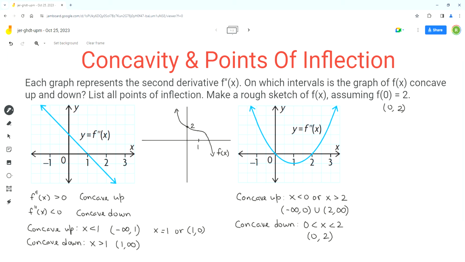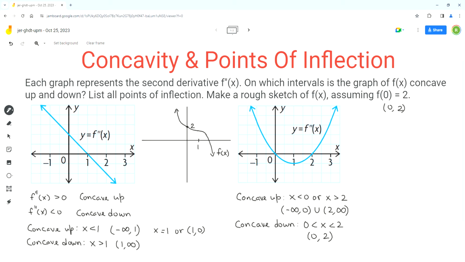So now we can answer the second part where we have to write all the points of inflection. So points of inflection are points where the second derivative is equal to 0 or undefined. In this case, the graph of the second derivative crosses the x-axis at 2 points, x equals 0 and x equals 2. So that means there are 2 points of inflection.